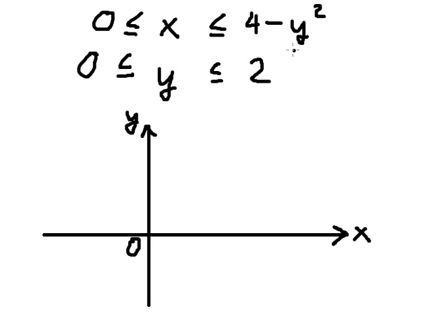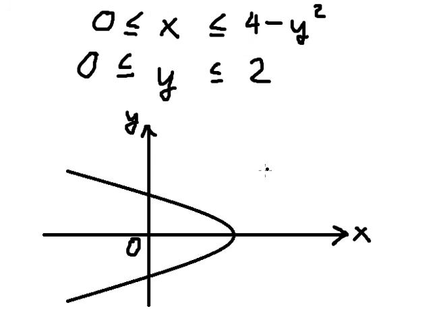So the graph of 4 minus y squared should be like this. So number 4 should be in here. So x is smaller than or equal to 4 minus y squared.